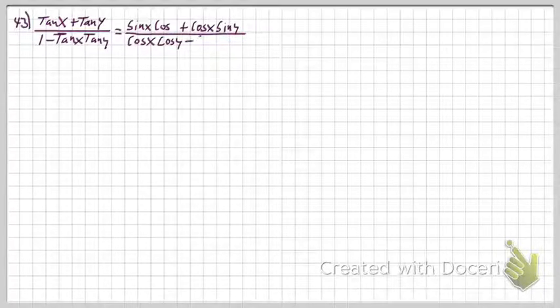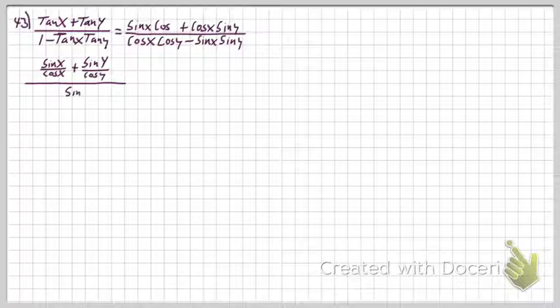The first thing I can see is the right-hand side is all in terms of sine and cosine. So my first move is to take the left-hand side and put everything in terms of sine and cosine. Now, we've got to be careful. The input argument is different: a sine x and a sine y, a cosine x and a cosine y.